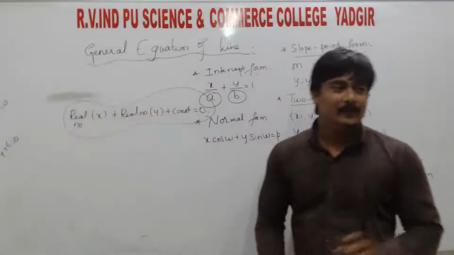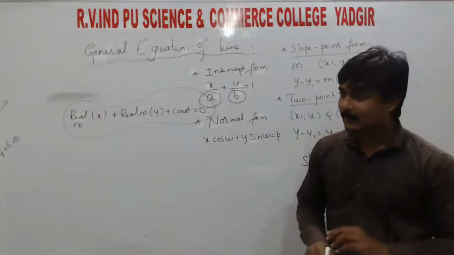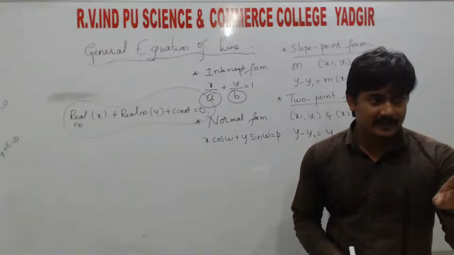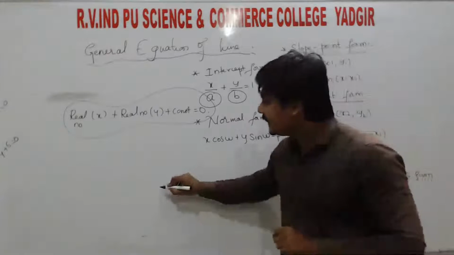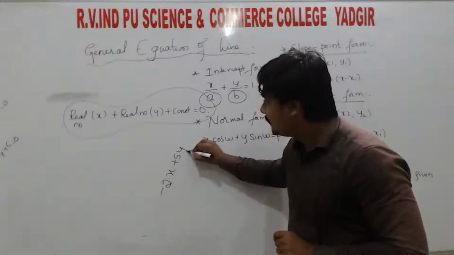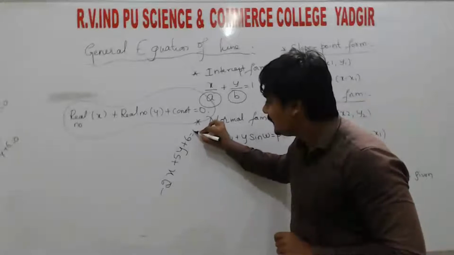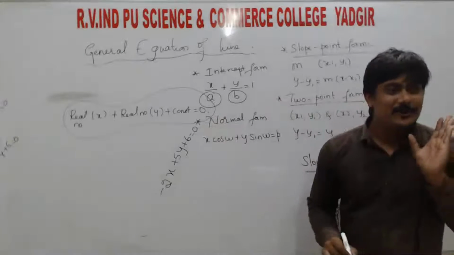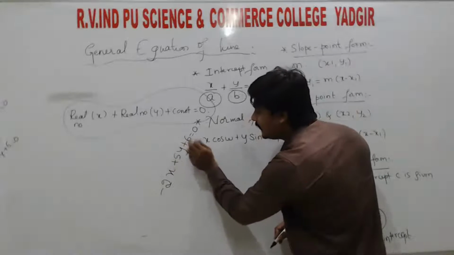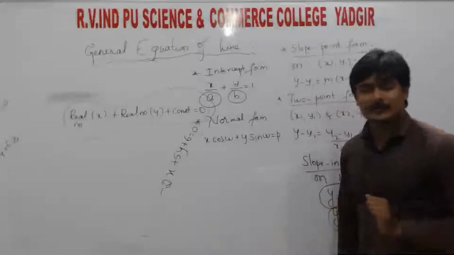For your information, if you consider the 20th problem using the 2-point form of the straight line equation, we finally obtained the straight line equation as minus 2x plus 5y plus 6 equal to 0. Look at how the last equation appears: constant into x plus constant into y plus constant equal to 0.